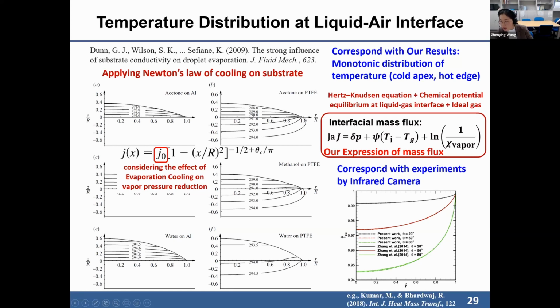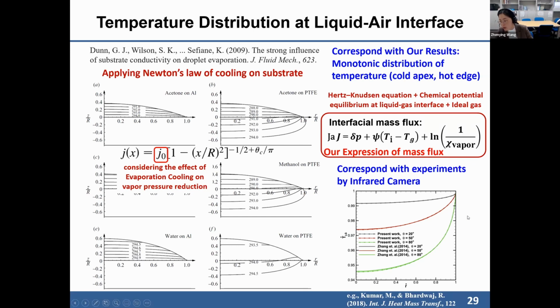Additionally, our result, as well as Professor Wilson's result on the temperature field, corresponds with experiments by infrared camera. This is only one example I got from the literature.